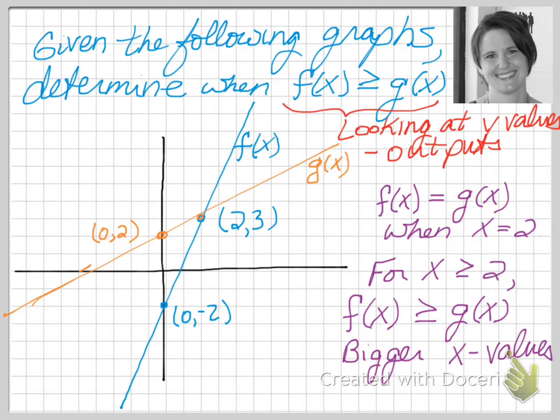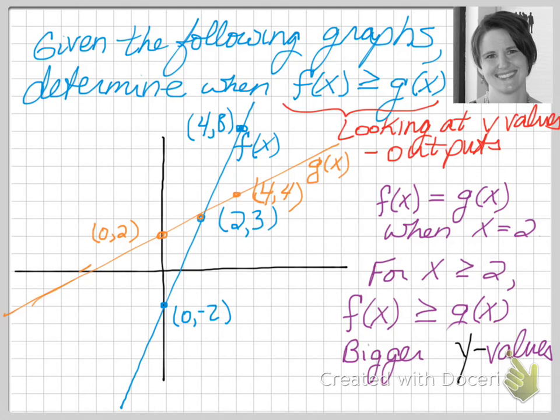We want bigger y values. Let me erase this. Bigger y values. If I look at the point where x equals 4 on f(x), I get the point (4, 8). And if I look at the point where x equals 4 on g(x), I get the point (4, 4). The y value is bigger for f(x) than g(x).